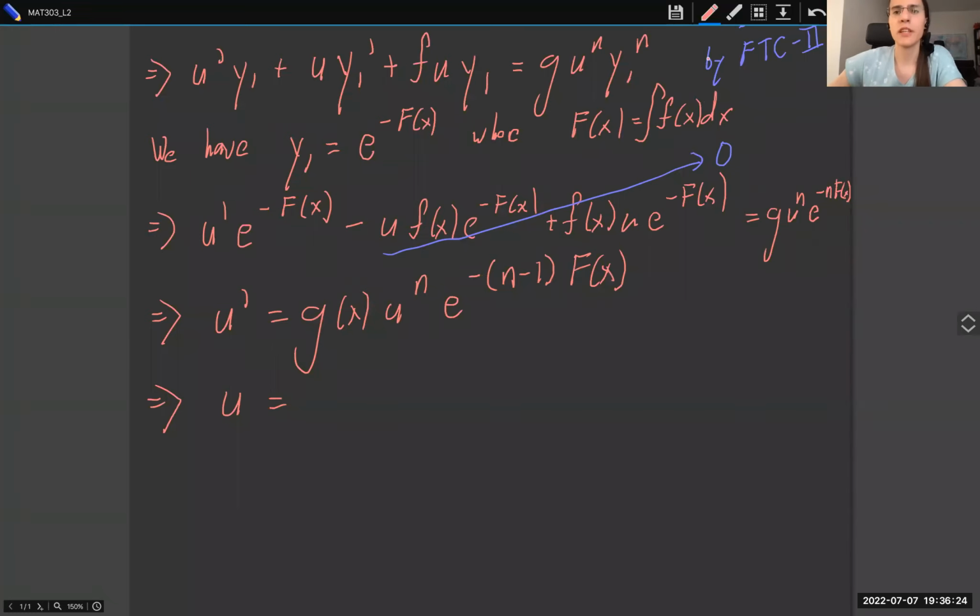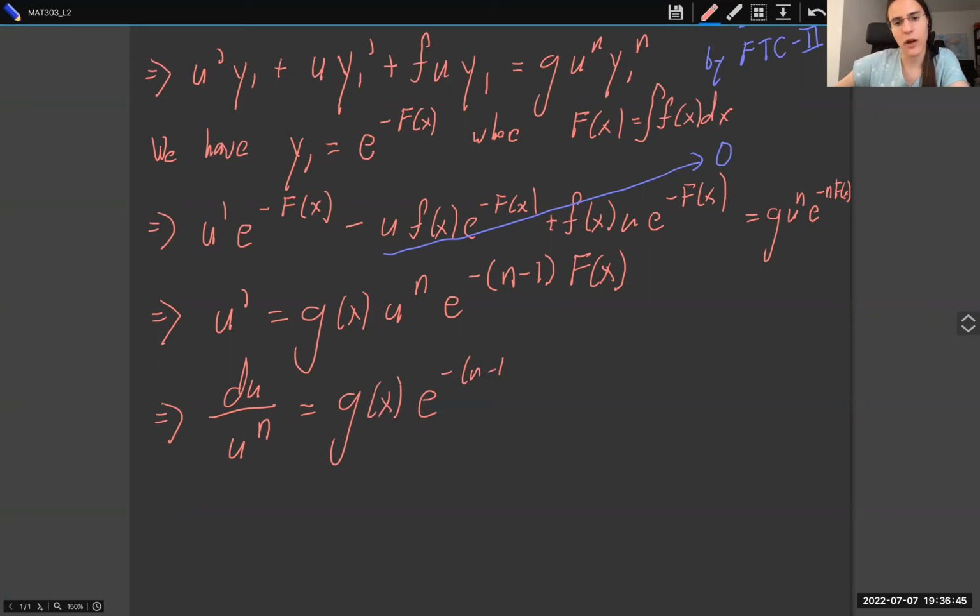Right, sorry, I'm doing separation of variables. So what we get is that du divided by u to the power of n is equal to g of x e to the negative n minus 1 F of x.